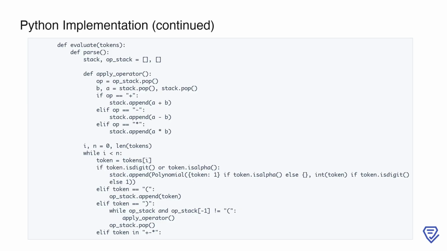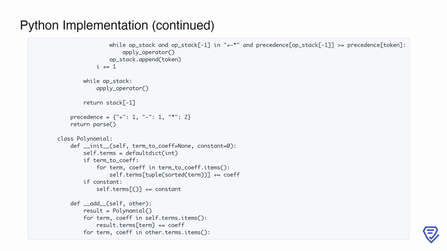As the parse function iterates through the tokens, it distinguishes between numbers, variables, and operators. Numbers and variables are wrapped into polynomial objects and pushed to the operand stack, while parentheses are handled by pushing or popping operators accordingly. When encountering an operator like plus, dash, or asterisk, the function considers operator precedence to decide whether to immediately evaluate or defer the operation.